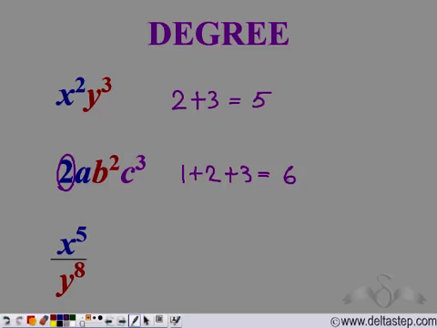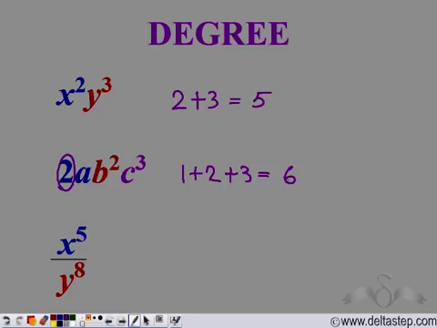What is the degree of this term? X to the power 5 divided by y to the power 8. Now, when we multiply variables, we add their powers. Division is the inverse of multiplication. So when we divide a variable by another variable, what should we do? We should subtract their powers.